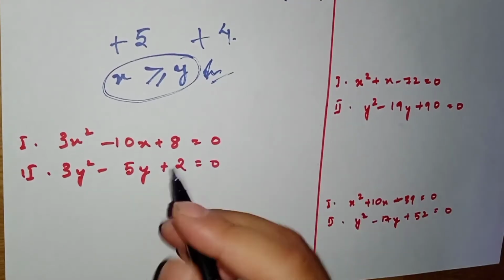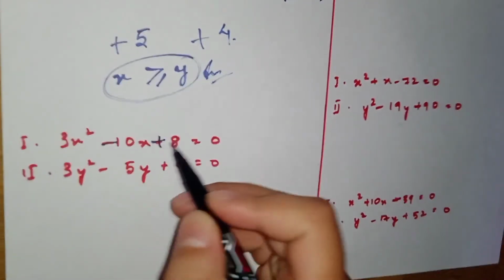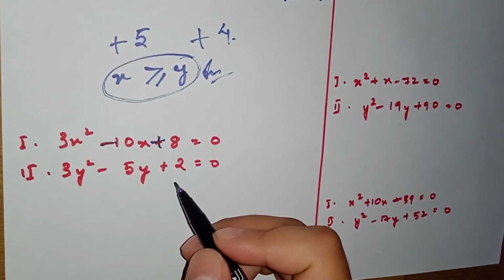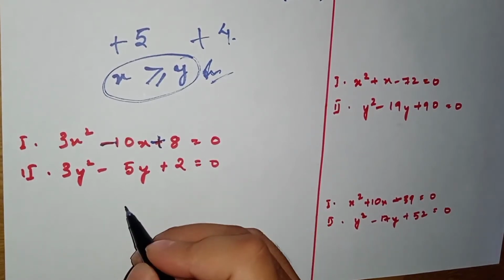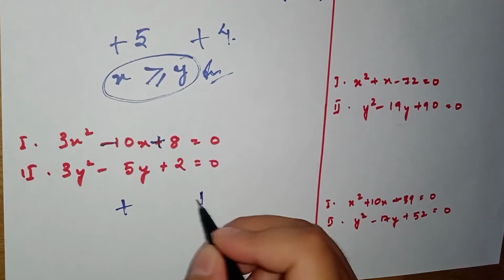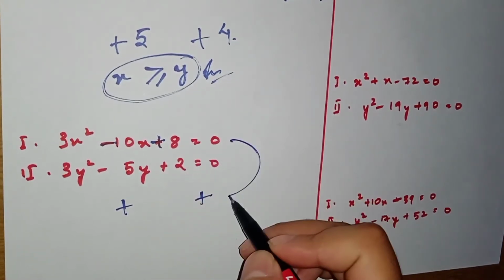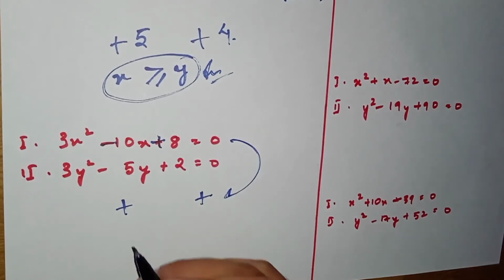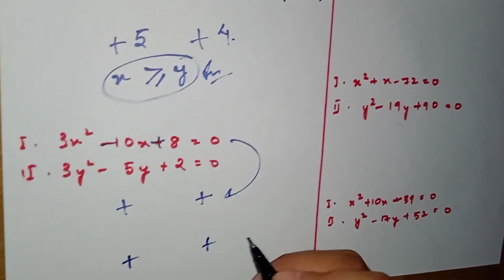So moving to the next question, we have minus plus, right? Minus plus and then minus plus. So the signs of the roots will be plus plus for this equation, and minus plus will be plus plus.